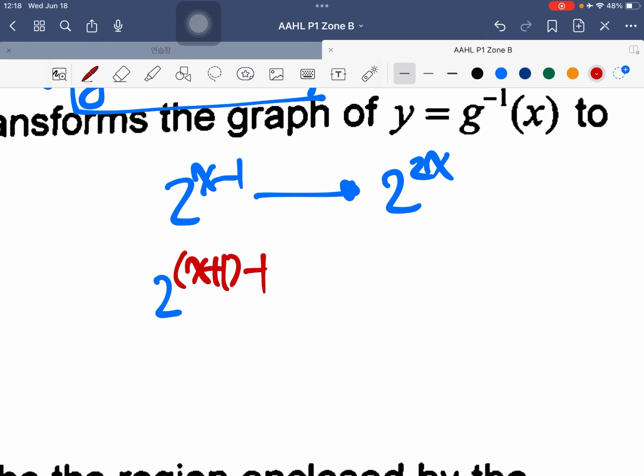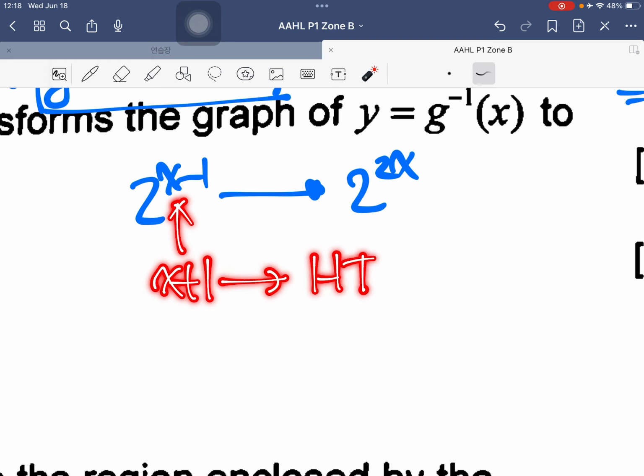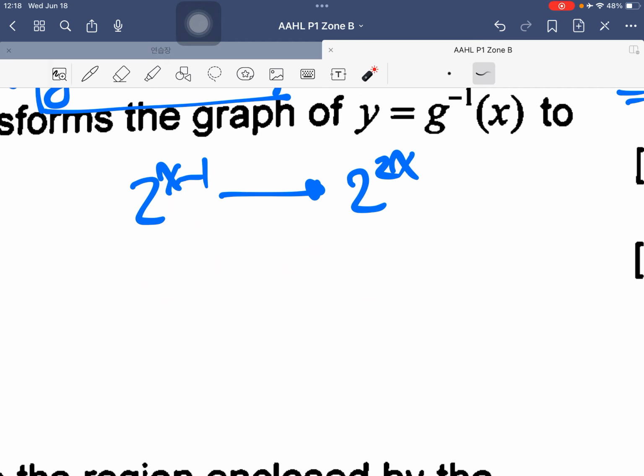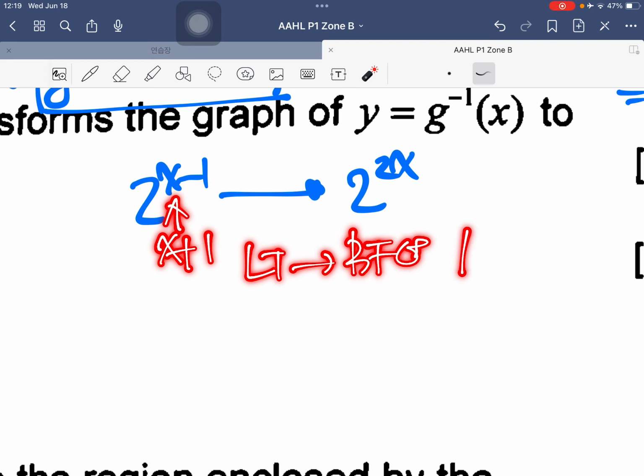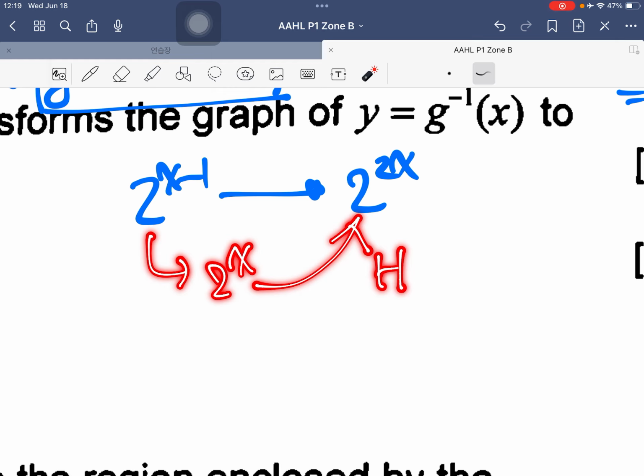How can I explain this? We have to first get rid of this negative 1, which means that you put x plus 1 instead of x. This means a horizontal translation. So x plus 1 instead of x means a translation by negative 1, to the left. And after that, it becomes 2x, and that means a horizontal stretch by factor of 1 over 2.